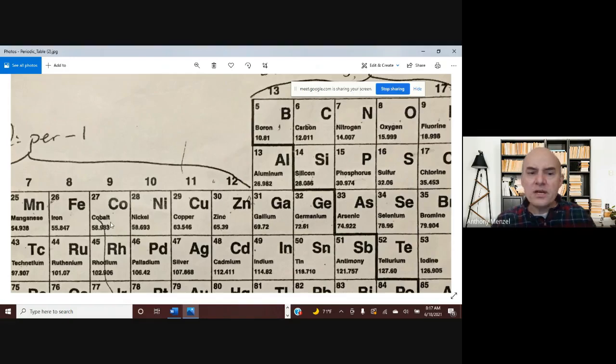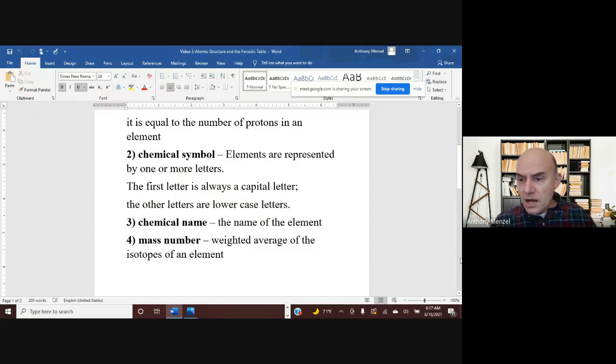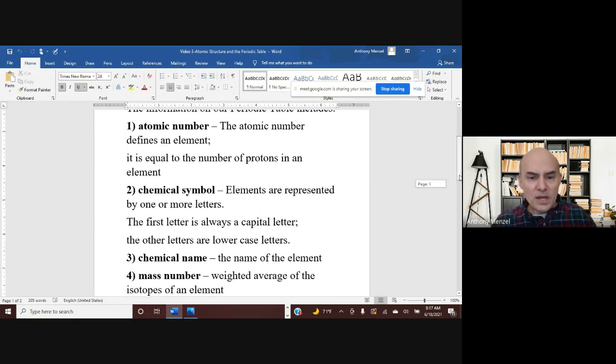And then you have a little bit of cobalt in the universe that is 58 atomic mass units. So if you take the weighted average, you get this decimal, 58.983. And 58.983 would be the mass that you use for doing calculations with mass in chemistry, generally, unless you're working directly with isotopes. So those are the 4 pieces of information that we see on our periodic table.